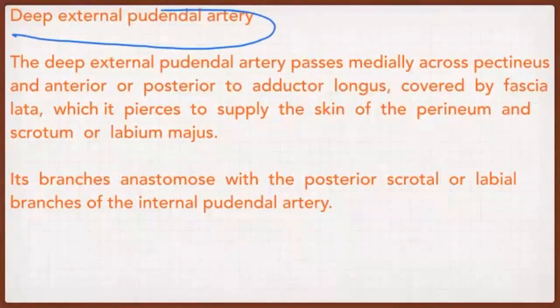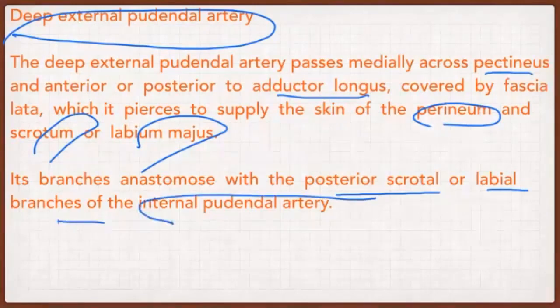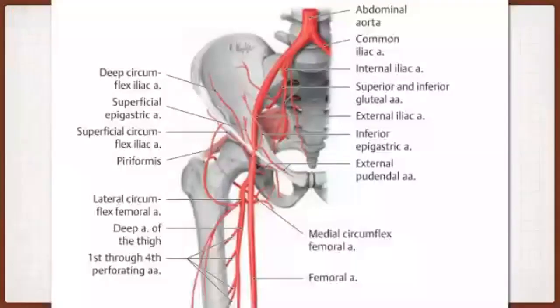The deep external pudendal artery passes medially across the pectineus and adductor longus, covered by fascia lata, which it pierces to supply the skin of the perineum and scrotum or labia majora. The branches anastomose with the posterior scrotal or labial branches of the internal pudendal artery, right? So these are the superficial and deep.